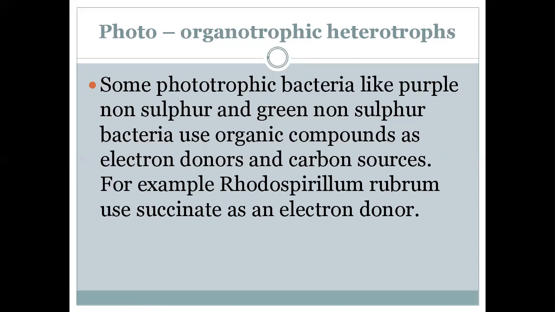They are using organic compounds such as electron donors and carbon sources. The organotroph term is there, so they are using organic compounds as a source of electrons and carbon. An example is Rhodospirillum rubrum, which uses succinate as an electron donor.